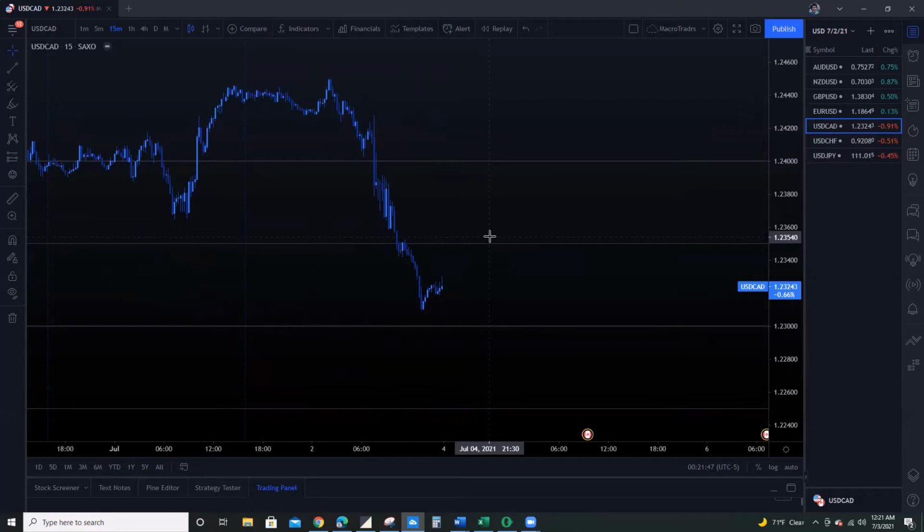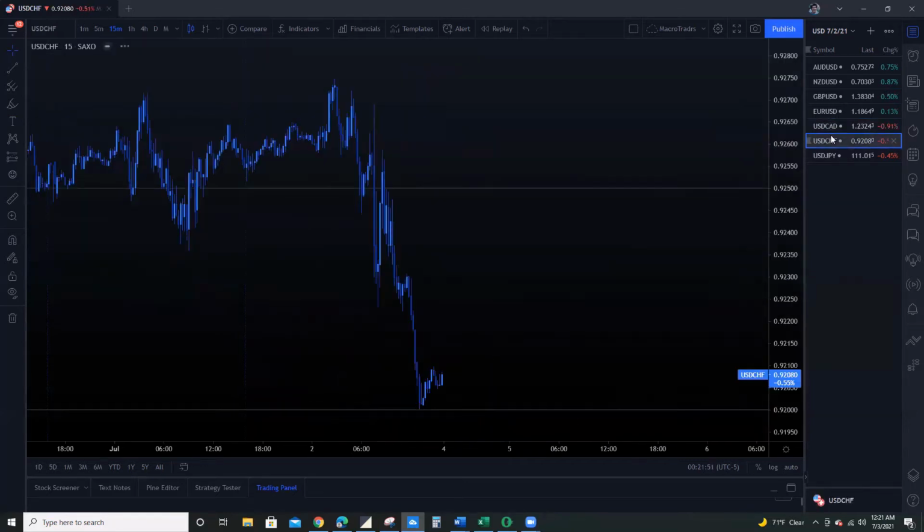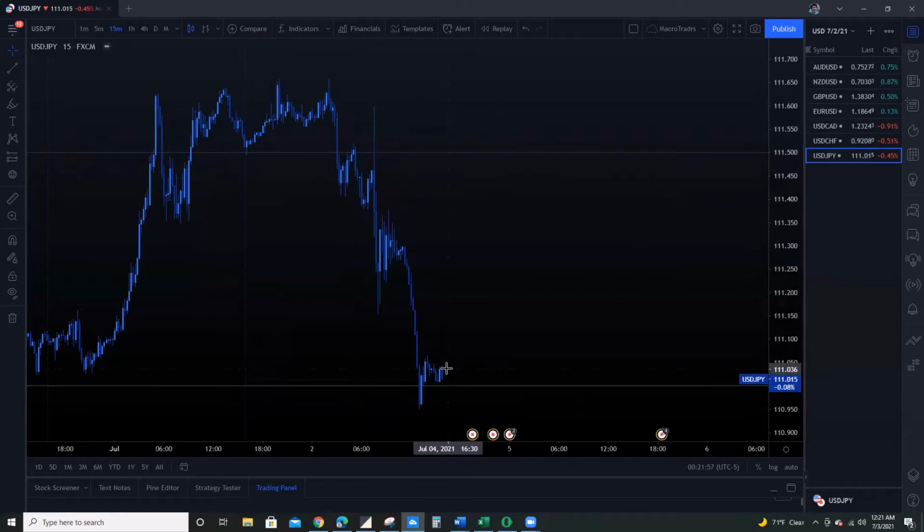Usually when their commodities do well, they all do well. Swiss franc, safe haven, even did well. JPY, so everyone invested in US dollars today based on the non-farm payroll.